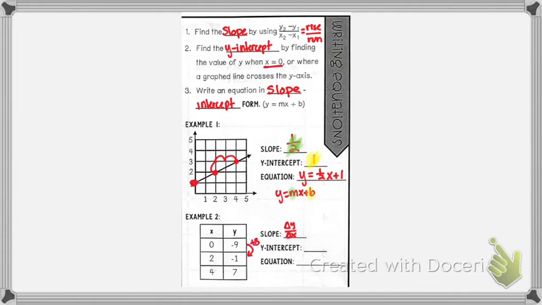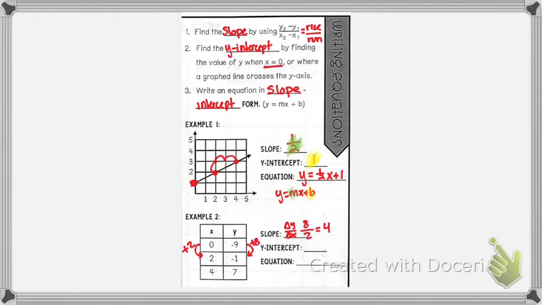So my change of y is 8 because this is the y column. And then from 0 to 2, we are adding 2. So our change in x is 2. 8 divided by 2 is going to give us a 4, or 4 over 1 if you still want to keep a fraction.